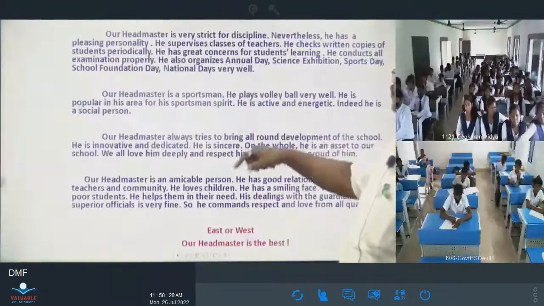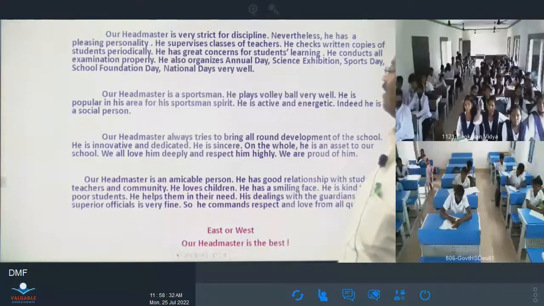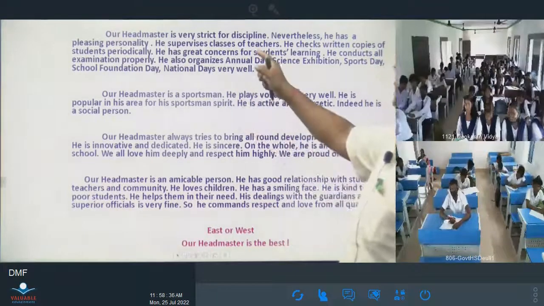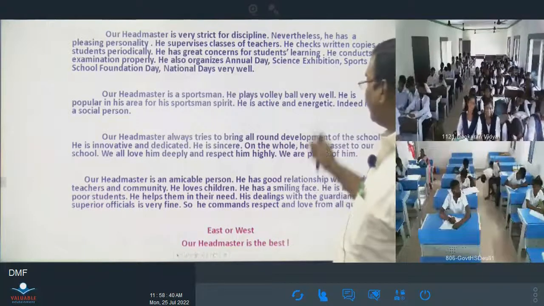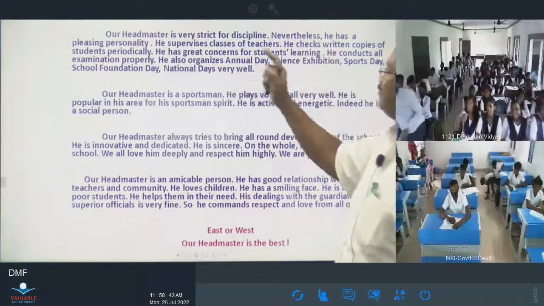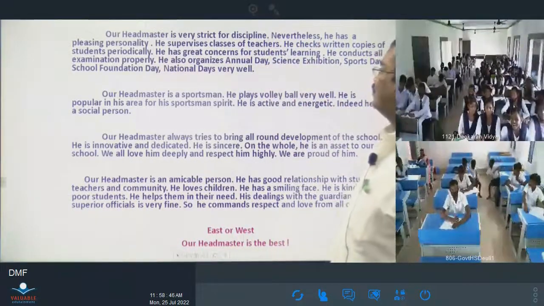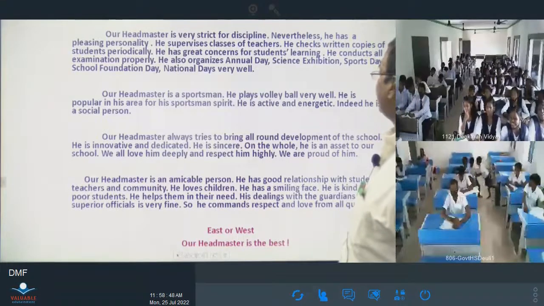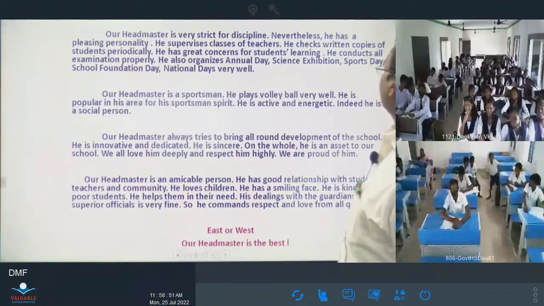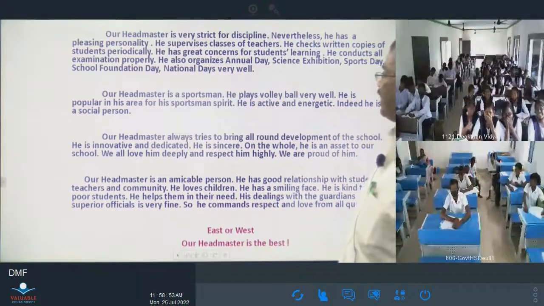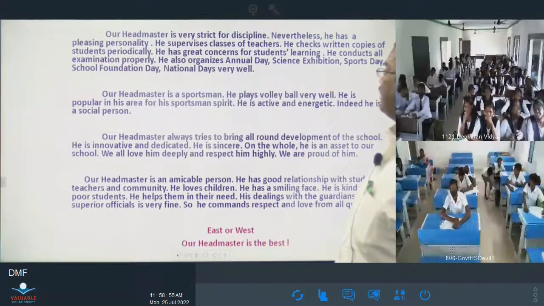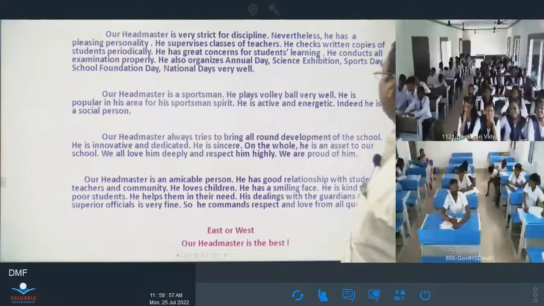Then we shall proceed to the fourth paragraph. Our headmaster is very strict for discipline. Nevertheless, he has a pleasing personality. He supervises classes of teachers. He checks written copies of students periodically. He has great concern for students' learning.